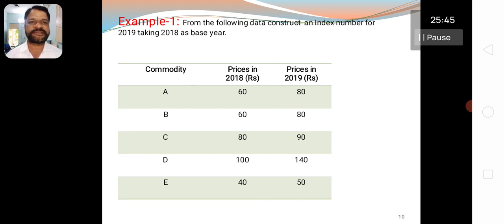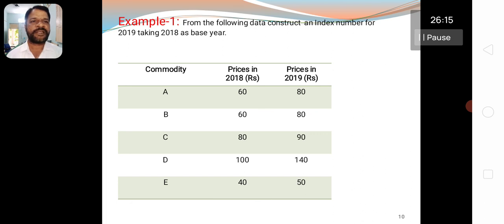The commodities A to E are given, with prices in 2018 and 2019. Commodity A is 60 in 2018 and 80 rupees in 2019. Commodity B is 60 rupees and 80 rupees. Commodity C is 80 and 90, D is 100 and 140, E is 40 and 50.